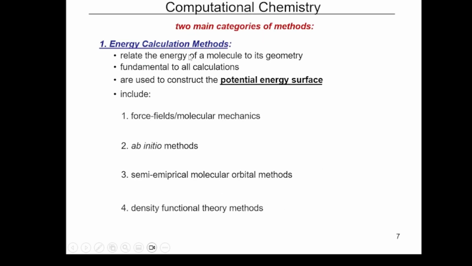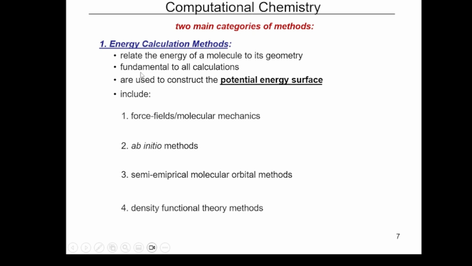Another classification is based on properties. Now, in terms of properties, there are two main categories of methods. The first one is energy calculation methods. These methods relate the energy of a molecule to its geometry, and that is the fundamental of all calculations.